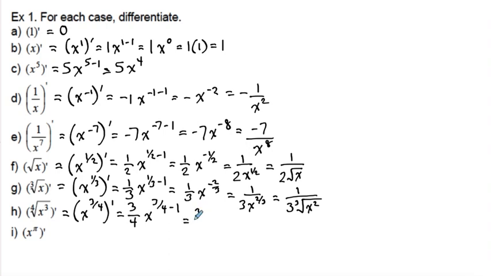That gives me 3/4 x, and then 3/4 take away 1 is negative 1/4. I want to write this as a positive exponent, so 3 in the numerator, 4 in the denominator, and this is going to be x to the 1/4. But instead of writing it as a rational exponent, I'm going to write it as a radical. So 3 in the numerator, 4 in the denominator, and this is the 4th root of x.